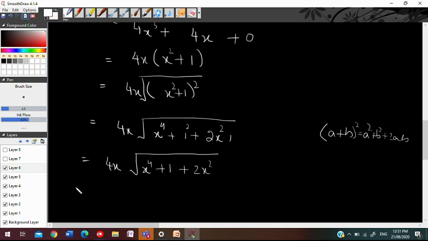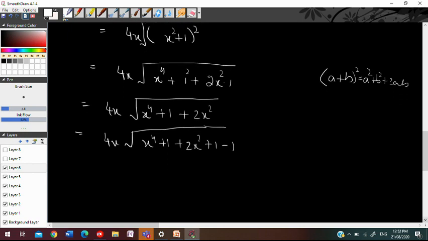Okay, now 4x under root of x4 plus 1 plus 2x square. If I add plus and minus this 1, again there is no effect, because both will be cancelled, and there is no effect on your original equation.